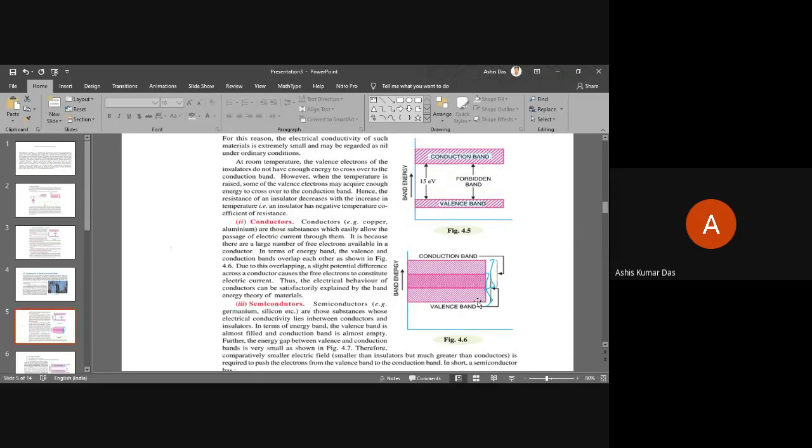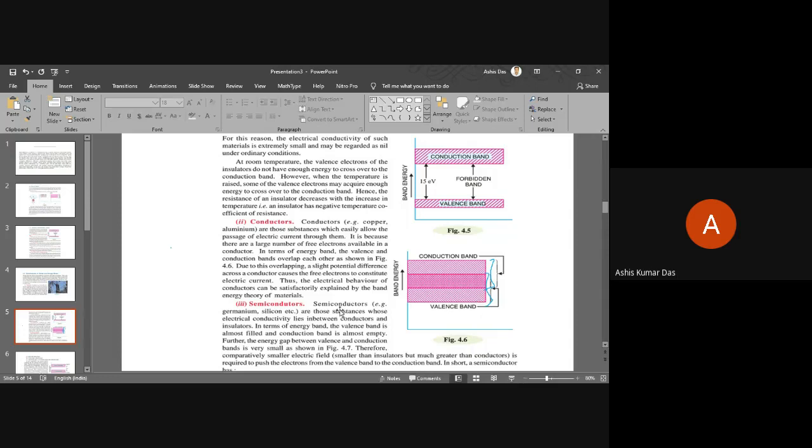So the material is a pure conductor. A very lucid example of a pure conductor is copper, aluminium, gold, platinum, all are pure conductors.